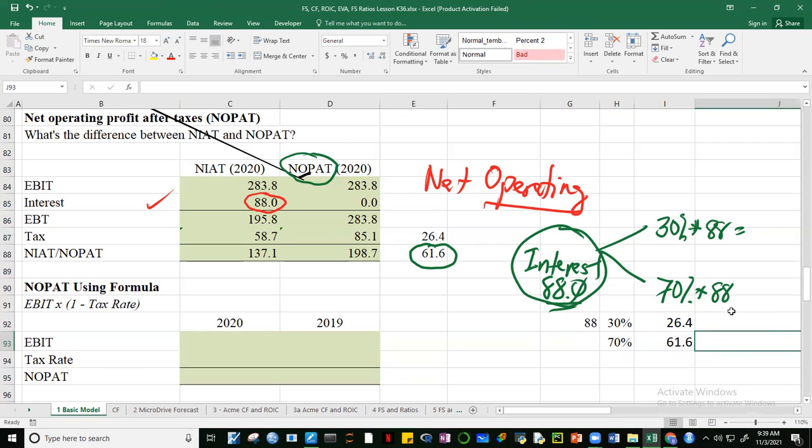There you go, guys. So what did I do here? I broke down the interest expense into 30%, which is the tax rate, and 70%, which is 1 minus the tax rate. So we notice, guys, that the difference between NOPAT and NIAT is not the whole interest expense, but only 70% of that, because 30% goes to the tax savings for NIAT.